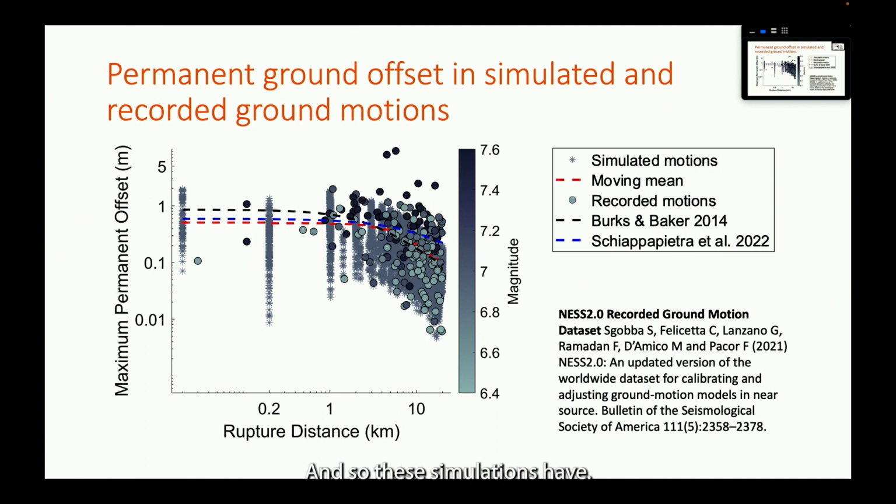And so these simulations have shown that the permanent offset that is predicted can provide us with somewhat reasonable answers to some of the questions that we have regarding their effect on the structural response. And that's what I'm working on at the moment.